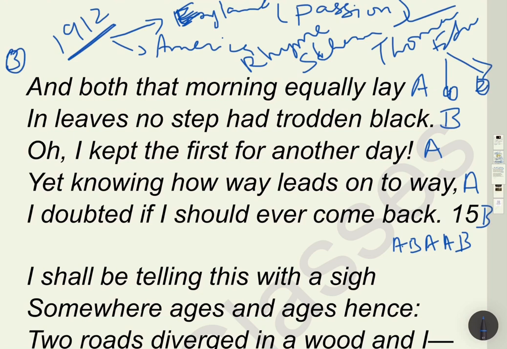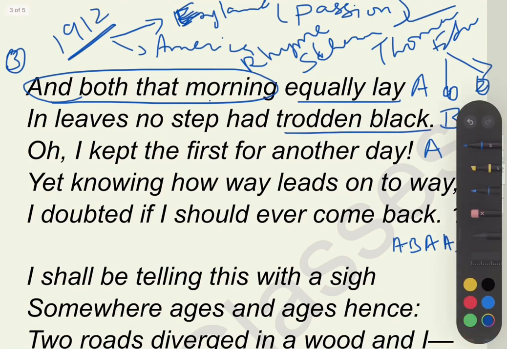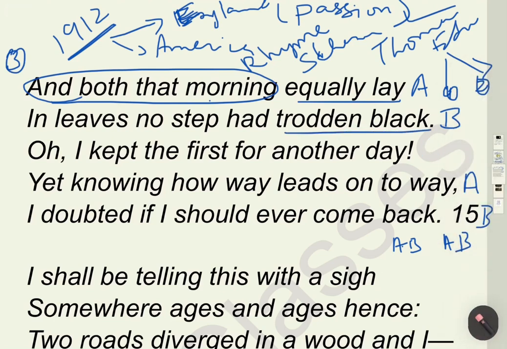And both that morning equally lay. So that morning when he was in the forest, he saw that both the roads equally lay. In leaves no step had trodden black. Trodden black means nobody has crushed that, or nobody has walked on that road.